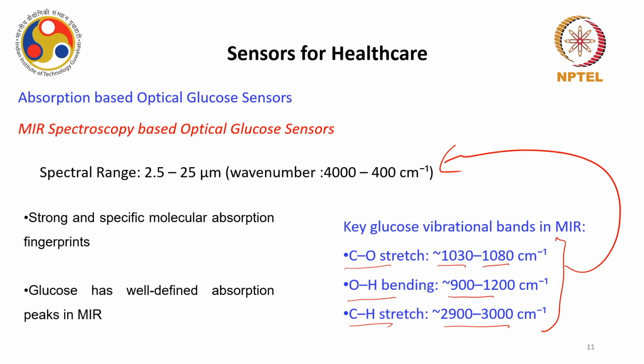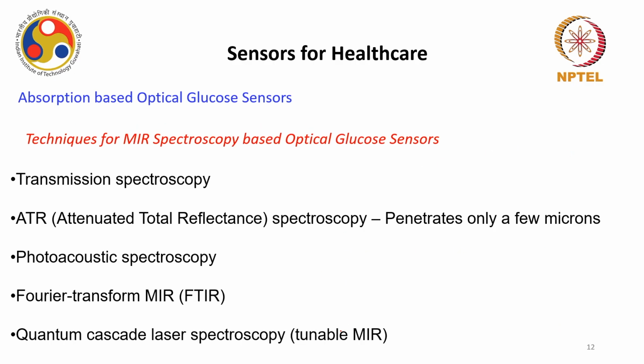So because of this, you have strong and specific molecular absorption fingerprints. Glucose has this well defined absorption, as I have already mentioned.